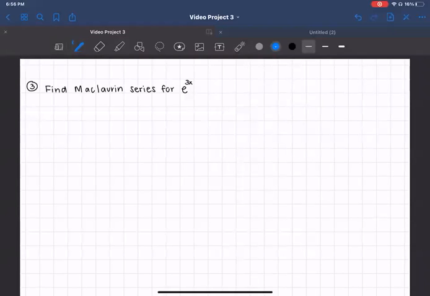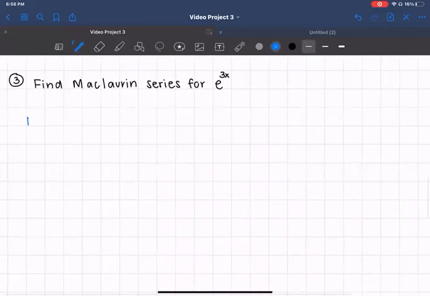So for number 3 is to find the Maclaurin series for e to the 3x. So the formula for the Maclaurin series looks like this.